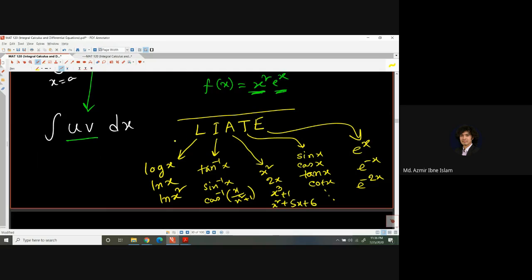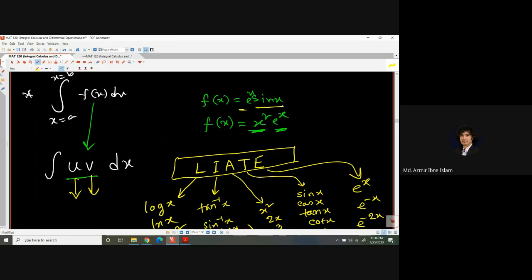So why do we have to use the LIATE method? This concept will suggest to us, out of u and v, which part should be taken as u. Suppose we have the function e to the power x sine x.